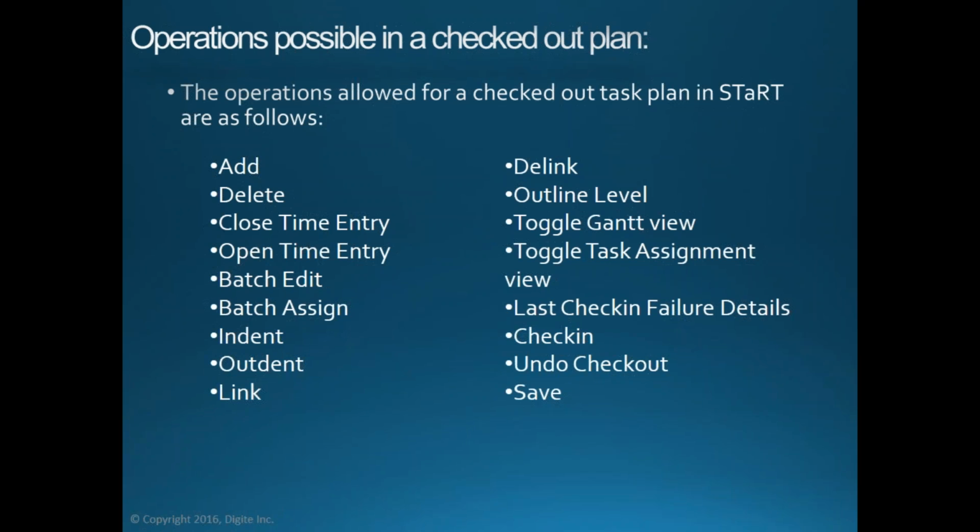So that option is available in the last check-in failure details. The second to last is undo checkout. This basically means you don't want to save your plan and you want to go back to your original state. And the final feature available is the save option, where you just add some task and save it.